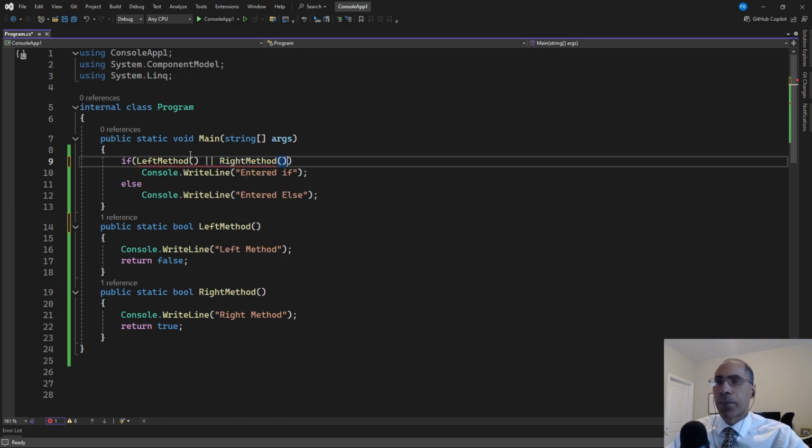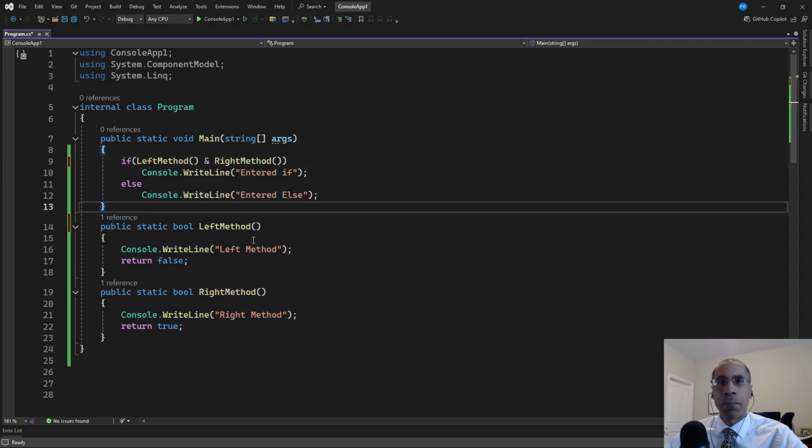The double pipe, which is a conditional OR versus just a standard OR, and the conditional AND, which is the double ampersand, as opposed to the single ampersand. Many people don't know what that really means, what's really happening there.